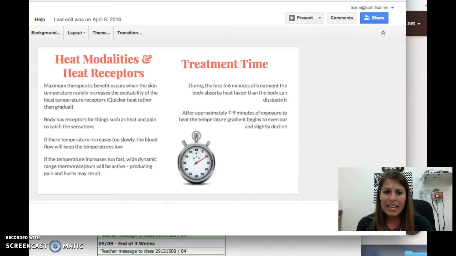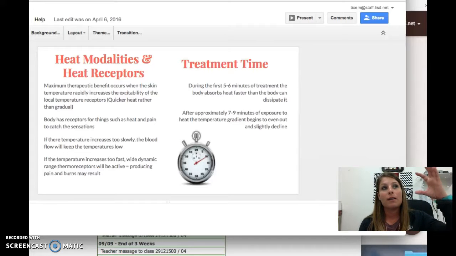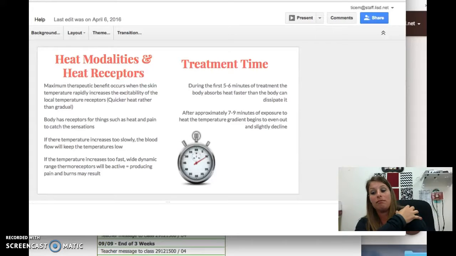Also, if the temperature increases too slowly, the blood flow will keep those temperatures low because your blood is rushing through the body. So just like when we talked about with convection, your body is heating that fluid near that moist heat pack, but it's constantly going to keep flowing back to my heart, back to the rest of my body.